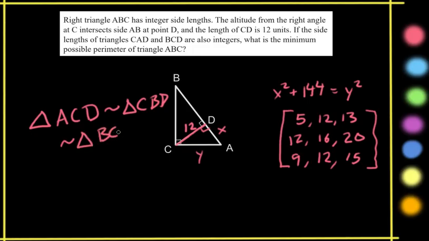Or maybe I should call it ABC, which is the same thing, but I'm just trying to be consistent. So these 3 triangles are all similar to each other because they all share a common angle. This angle here, let's call it theta or something, is going to be equal to this angle here because they're both complementary with this other angle phi over here.